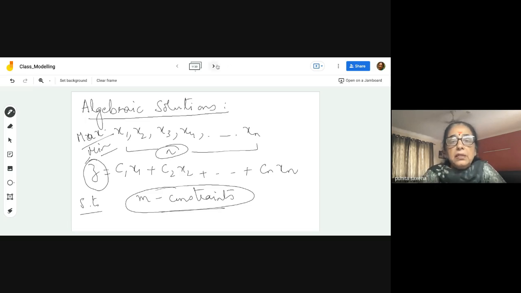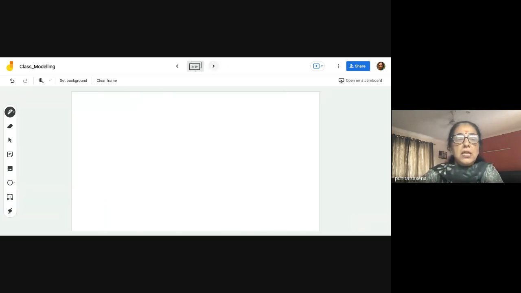If I say m constraints, that means I have m resources of which we are discussing things. The first resource will define the first constraint, the second resource the second, and so on and so forth. We have m constraints with us.